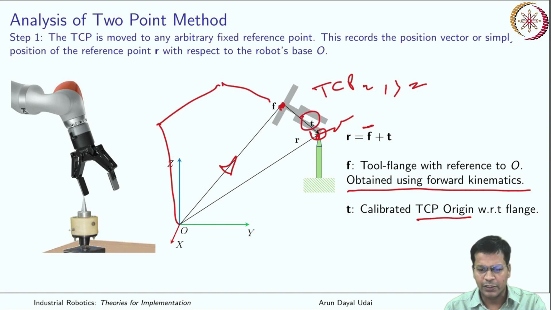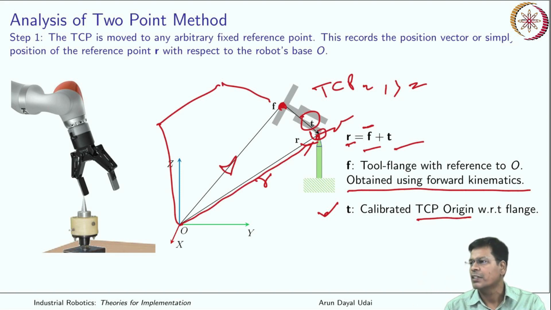That means this vector is known with respect to this, that means T is known. So finally this R vector is calculated using F plus T.